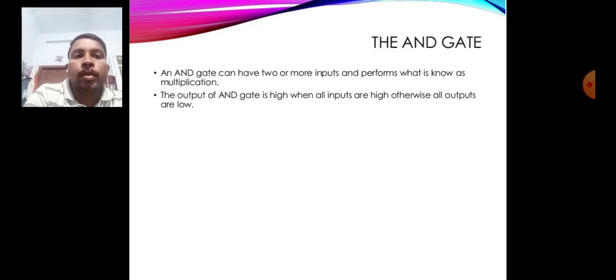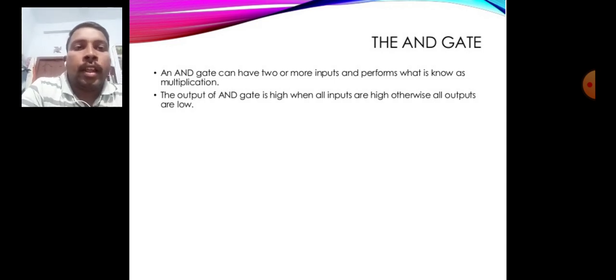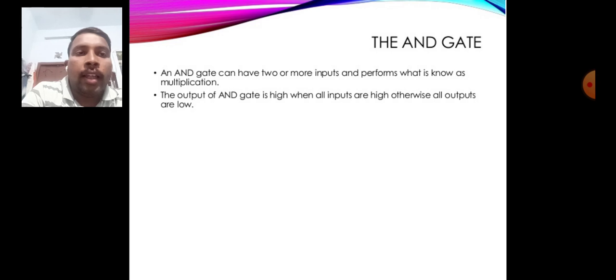The output of the AND gate is high when all inputs are high, otherwise the output is low. So only in one condition will the output be high.